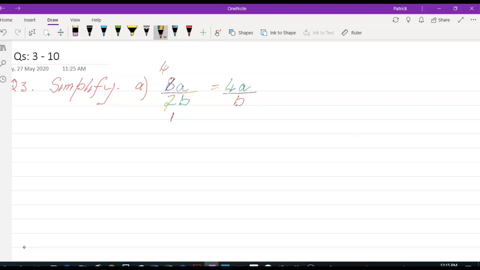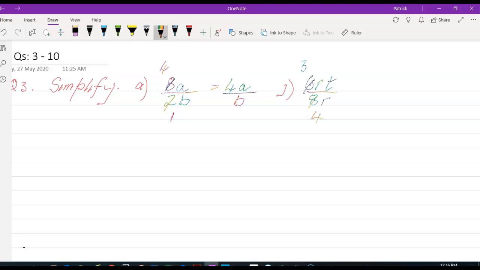And if I look at J, J is 6rt over 8r. So the common factors, obviously, 2 is going to go into 6 3 times, and 2 is going to go into 8 4 times.